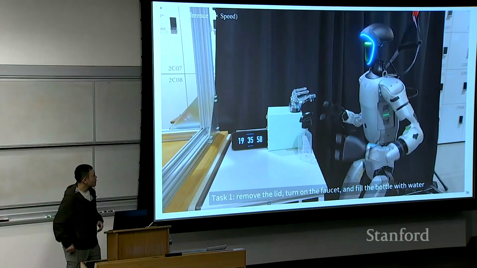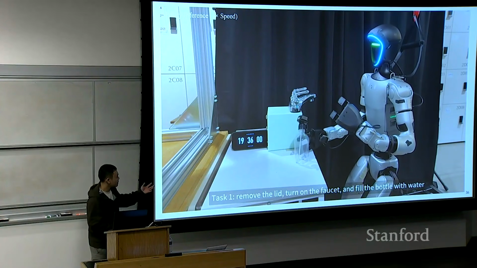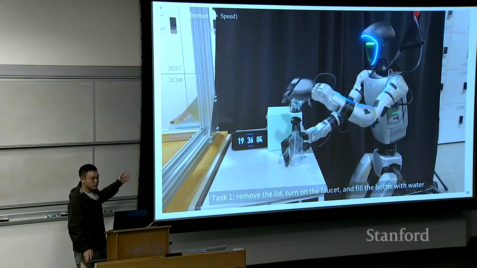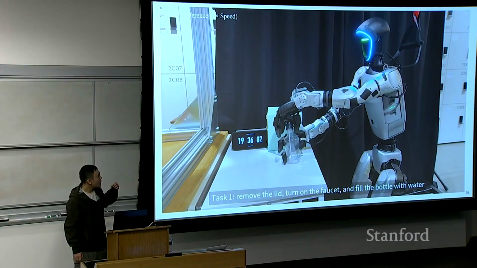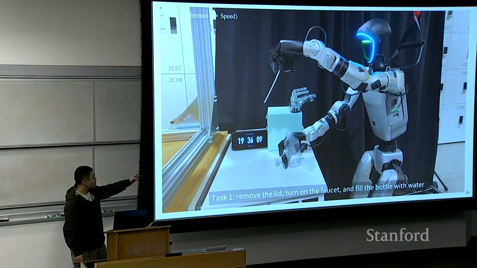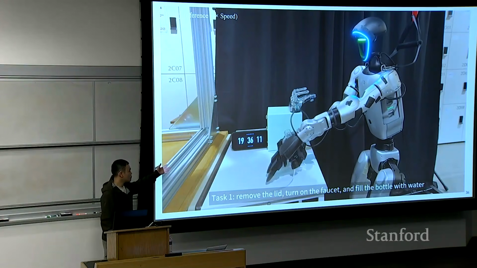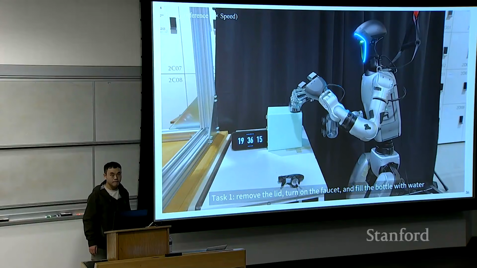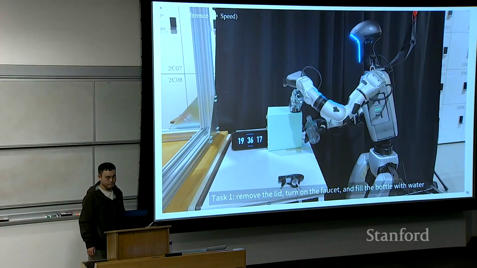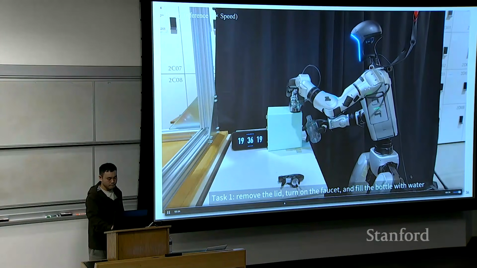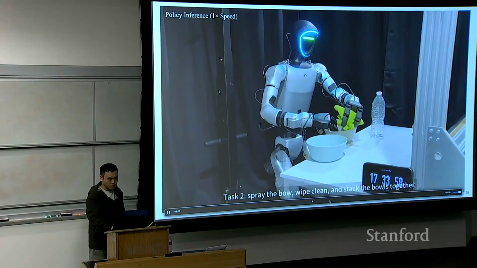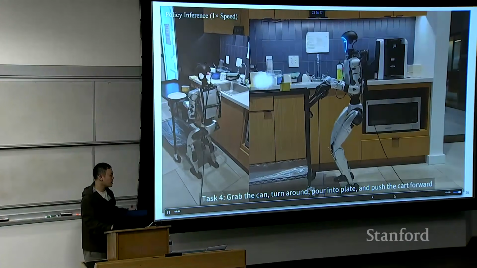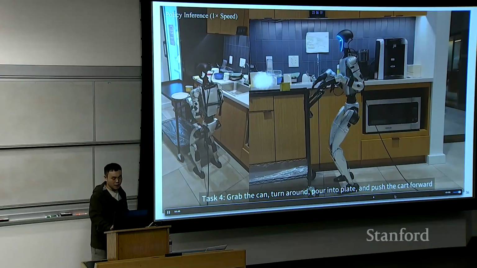We also have each subtask we evaluate on for quantitative comparison, as I showed in previous slides. And again, all of these are evaluated in real time. We don't speed up the video. So we have 8 tasks in total that involve whole body local manipulation.